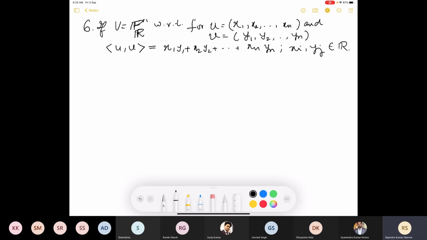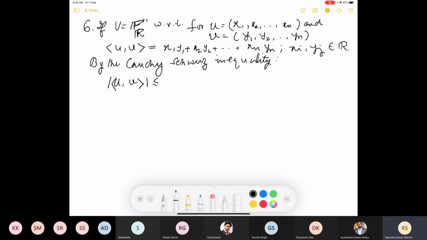Okay. What will the Cauchy-Schwarz inequality tell us? By the Cauchy-Schwarz inequality, the modulus of the inner product U comma V is less than or equal to the norm of U times the norm of V. So if you substitute here, this is the modulus of the inner product.